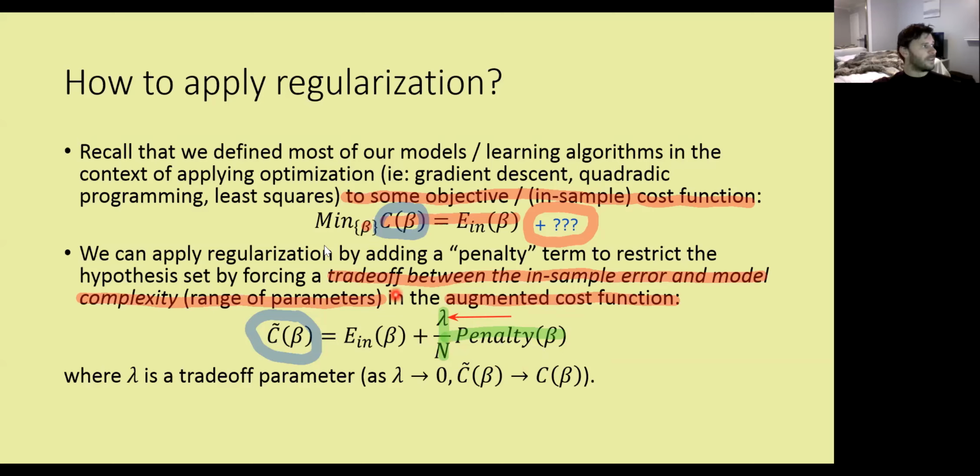And in solving the minimization problem, when we're minimizing this augmented cost function, the computer is going to worry now about, oh, I better make that penalty term smaller. And the only way for the computer to do this is to compress the betas, to make the betas smaller to reduce that penalty.